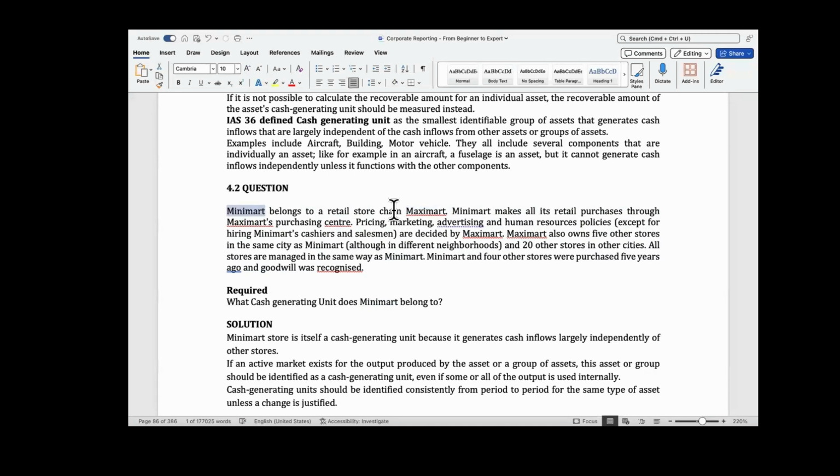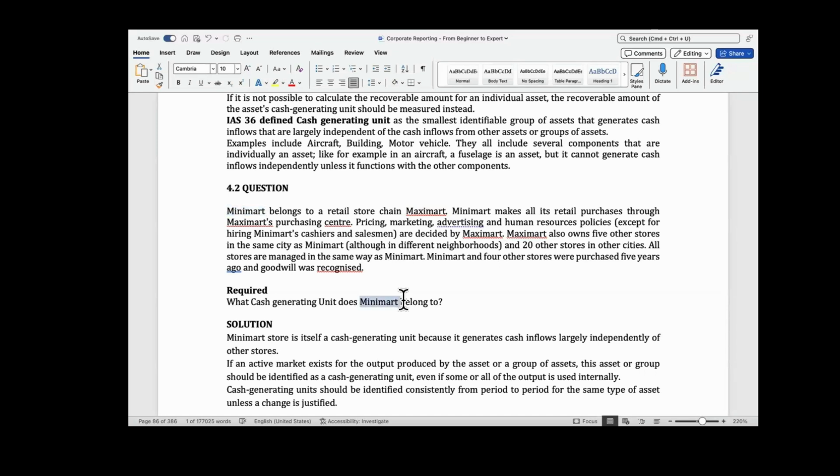They now went ahead to tell us that it's Maximat that advertises their markets and does human resources for the entire company.